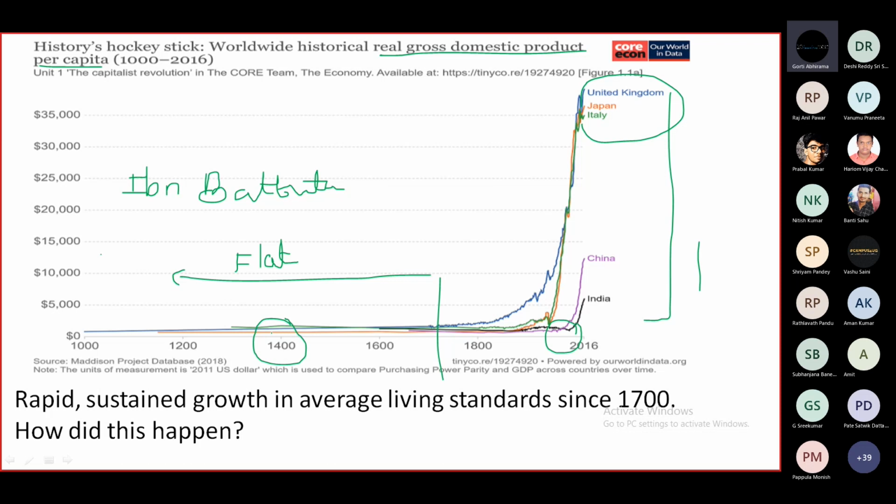So if you were born in, say, the 14th century, whether you would be rich or poor was not decided by your location of birth. But if you were born to particular families, to royals or to servants, that would decide whether you would be rich or poor.